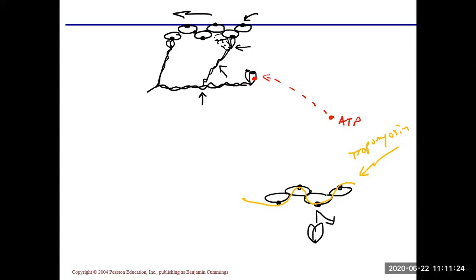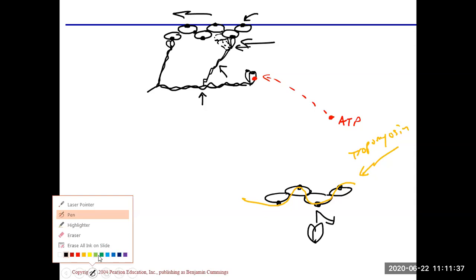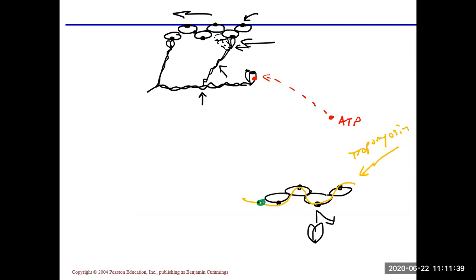Now, in order for binding to happen, you need to push this tropomyosin to the side. There is another regulatory protein that is controlling this as well. Once calcium comes in and binds to it, it can move this tropomyosin to the side.